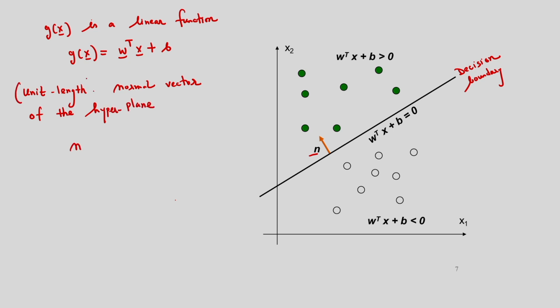So the unit length normal vector n is equal to the weight vector W divided by the norm of W. So you can find the normal vector of the hyperplane, and the equation of the hyperplane is W transpose x plus B equal to 0. I can decide two classes based on two inequality conditions. Corresponding to the first class, the condition is W transpose x plus B greater than 0, and corresponding to the second class, W transpose x plus B less than 0.